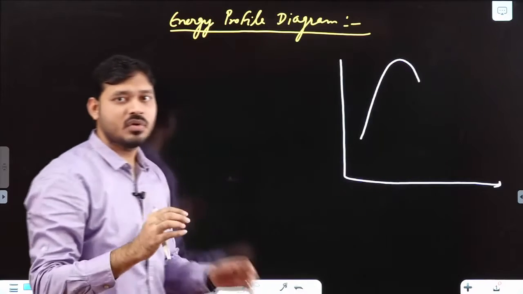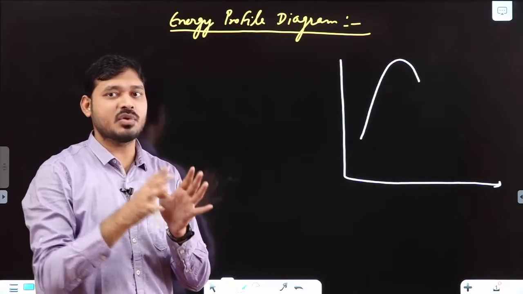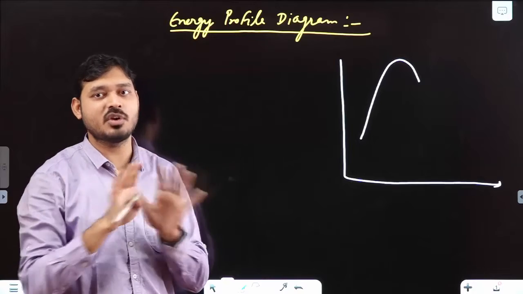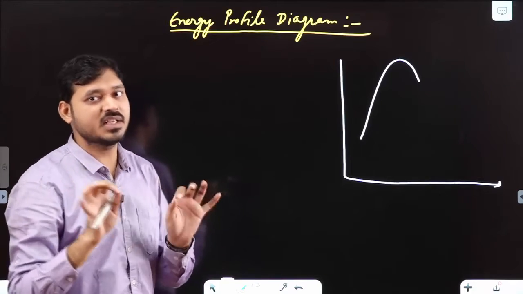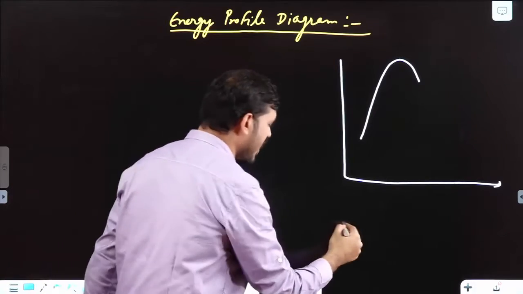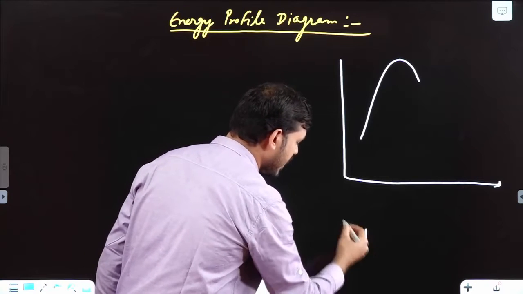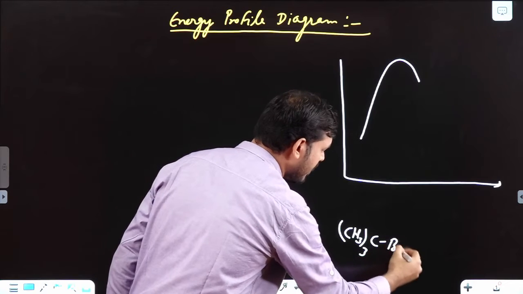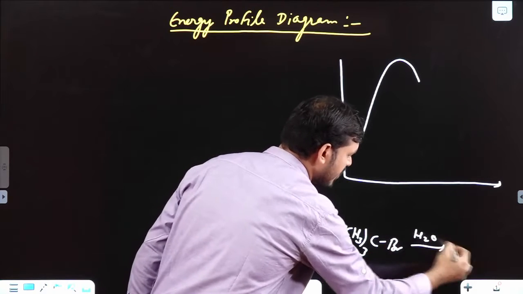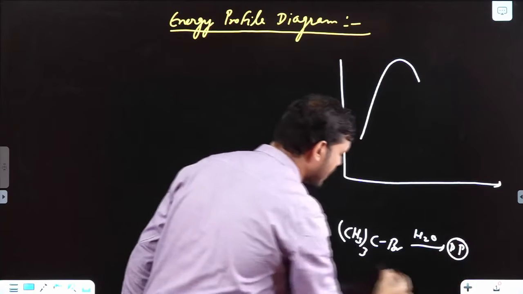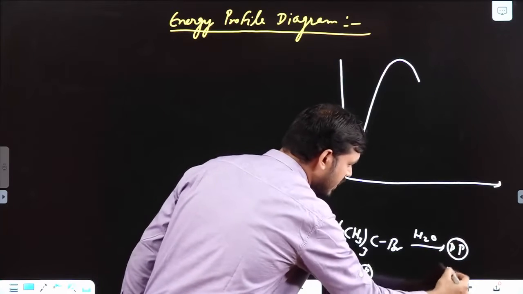See, here we know a simple two-step reaction where there is no rearrangement, I am telling you. Or let us suppose the reaction of (CH3)3C-Br and water forms the desired product. This is your reactant and this is your product.